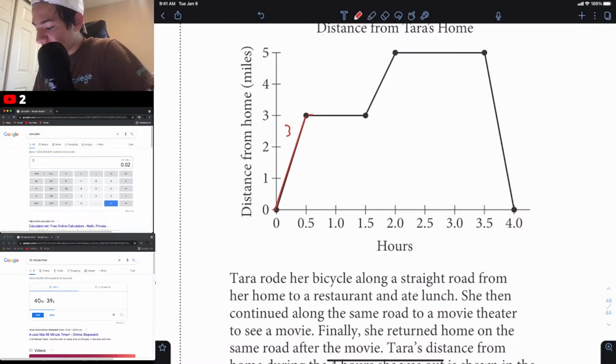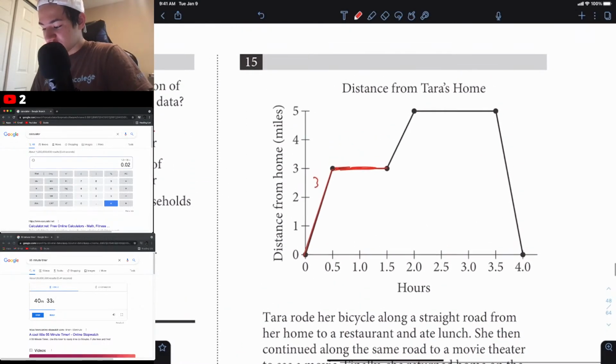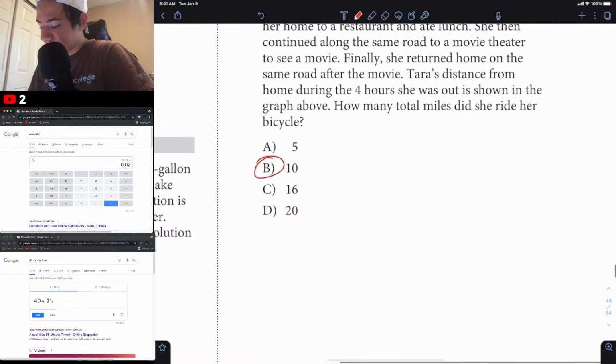She didn't ride anything this way. She's not moving because her distance isn't really changing. Just time is going by. Then she rides an additional 2 miles here. She's not riding on the flats again. And then she rides 5 miles back. So she rode 10 miles in total.